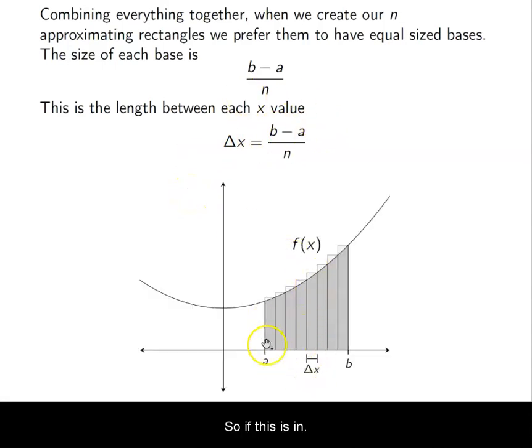So if this is in 8 pieces, from one to the other is the length of the change of x. Each of these bases has a length of delta x, or b minus a divided by n, my change in x.